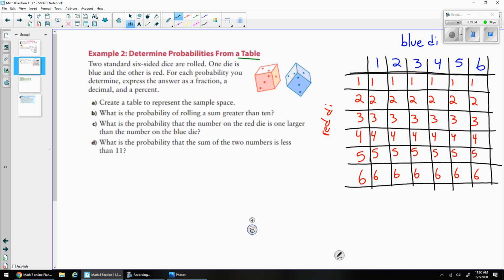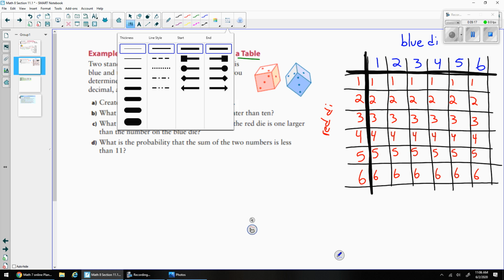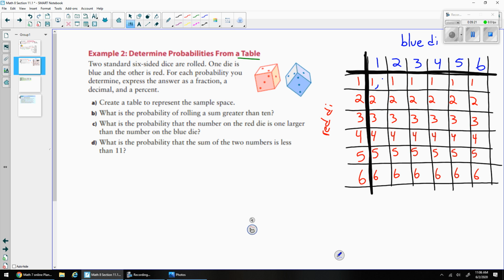Okay, and I'm just going to make these lines a bit thicker to separate my single events from my sample space. Okay, and then with my blue die, I could have the red 1 with the blue 1, or the red 1 with the blue 2, or red 1 with the blue 3, red 1 with the blue 4, red 1 with the blue 5, or a 1 and a 6.